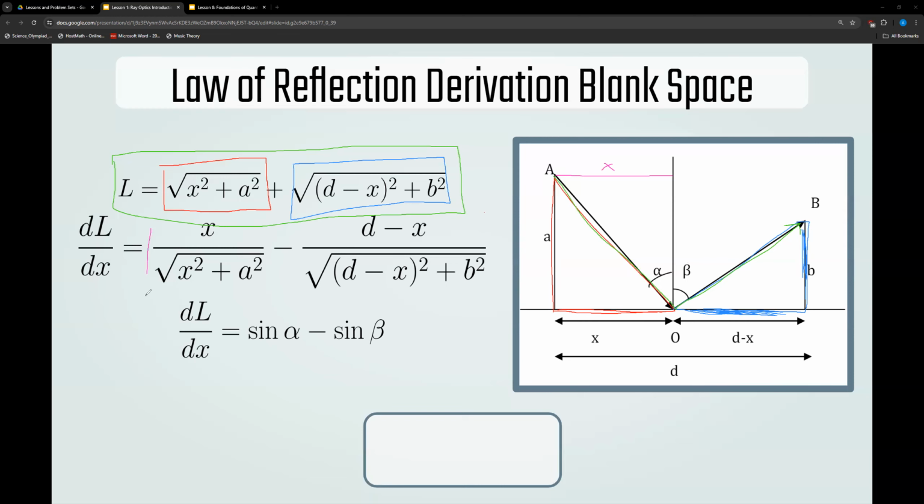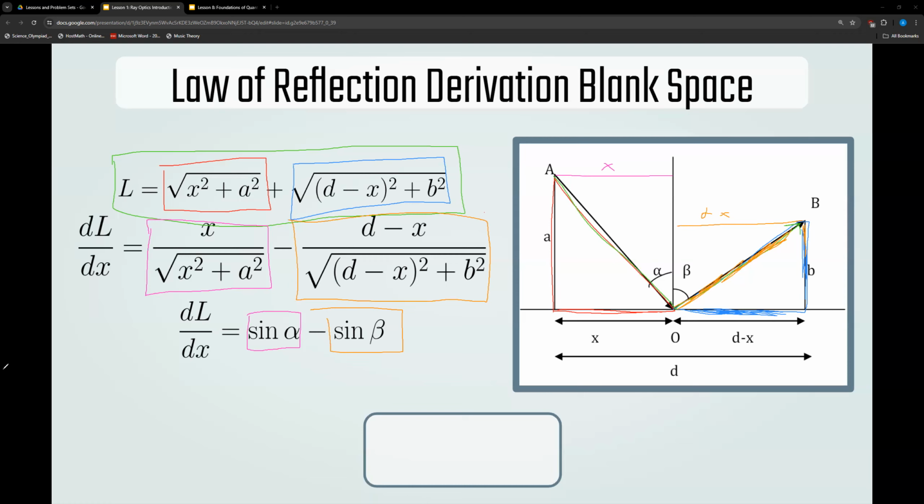So this guy right here is equal to sine alpha. Similarly, this guy right here is equal to sine beta, because this length right here is d minus x, and the hypotenuse length is going to be square root of (d minus x) squared plus b squared. Do we understand that?